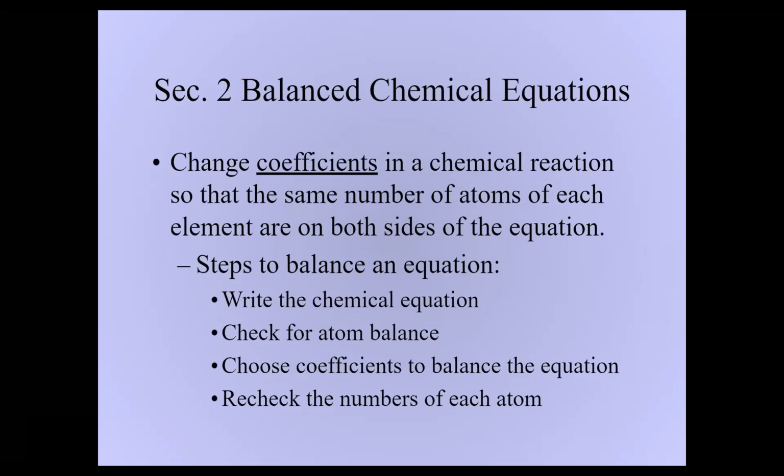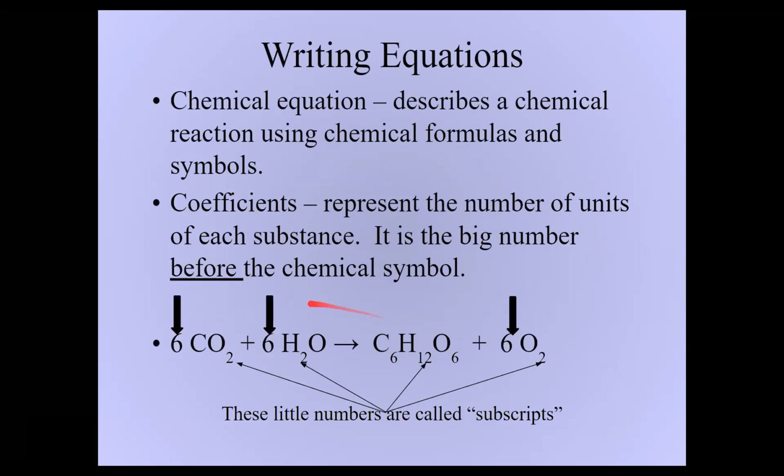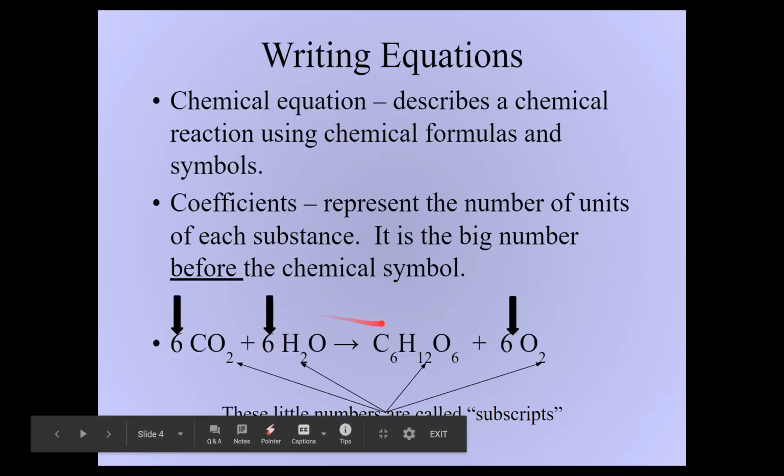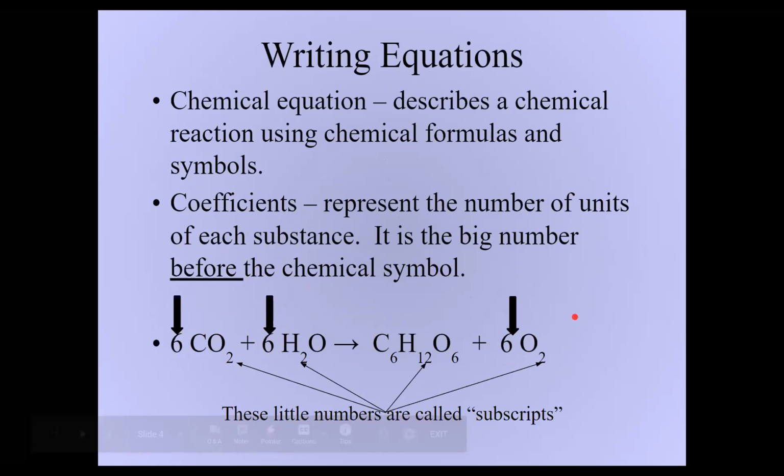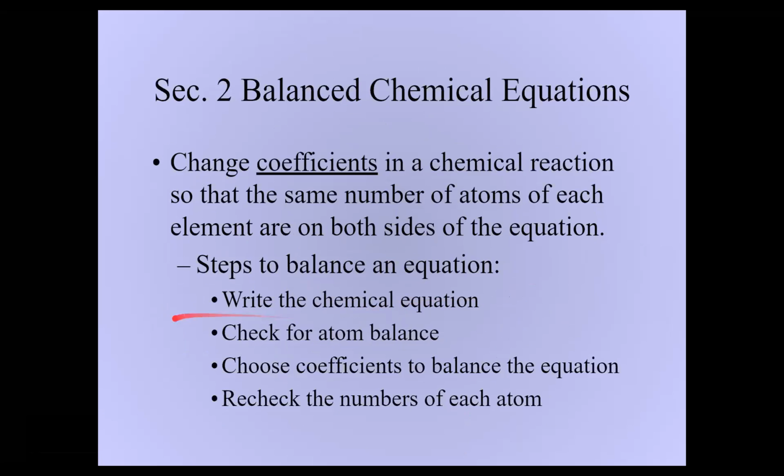So I'll go through a couple examples of how this works for some different types of equations, but the main process that I'm going to use is going to be the same. We're going to start off with a chemical equation, so it's already been written out for us, but all of our chemical equations are missing coefficients. They don't have anything in the coefficient spot. We're then going to check and see if our atoms are balanced. We're going to count up how many of each type we have on either side of the equation.